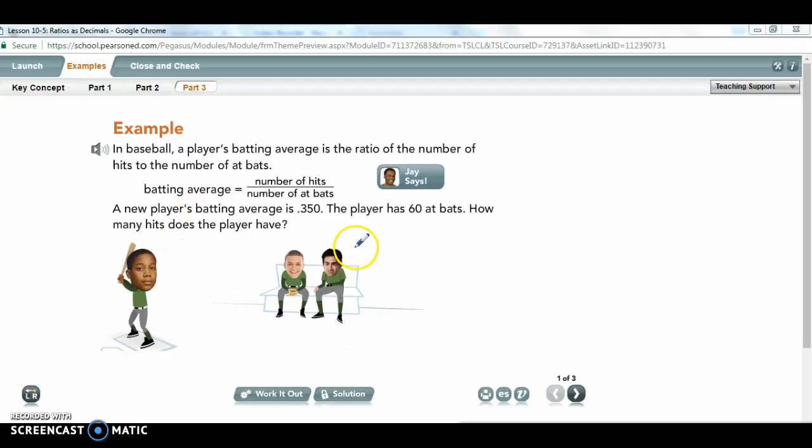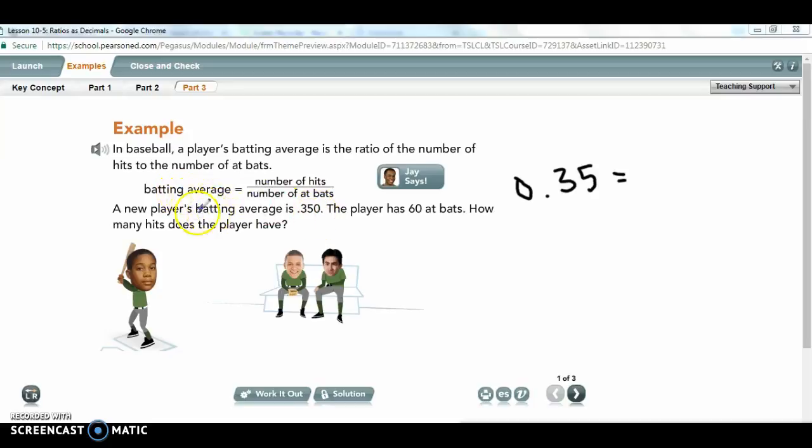Our player's batting average equals 35 hundredths. And we know to get that, you had the number of hits and the number of at-bats. So it says, new player's batting average is 35 hundredths.